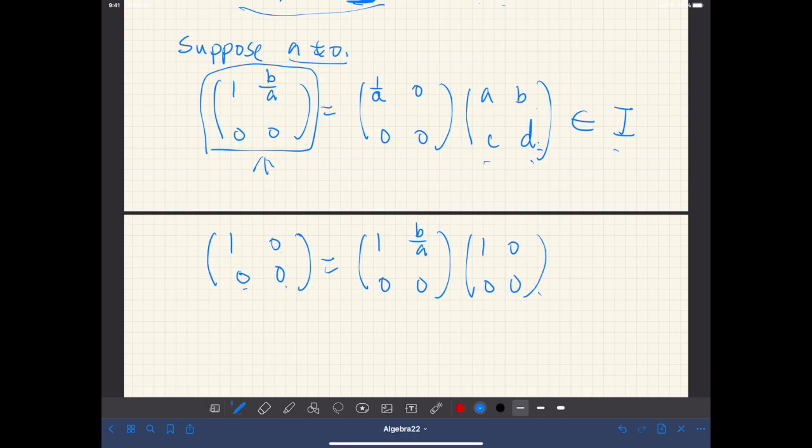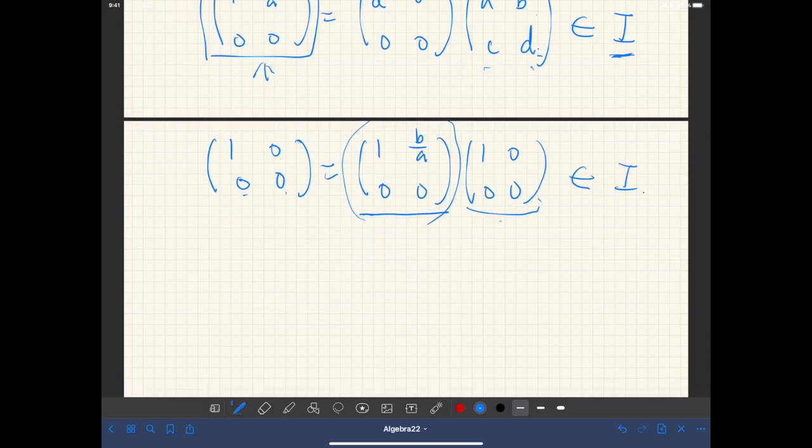Now we're assuming I is a two-sided ideal. So if we multiply any two by two matrix with an element of I, then it should belong to I, the ideal.